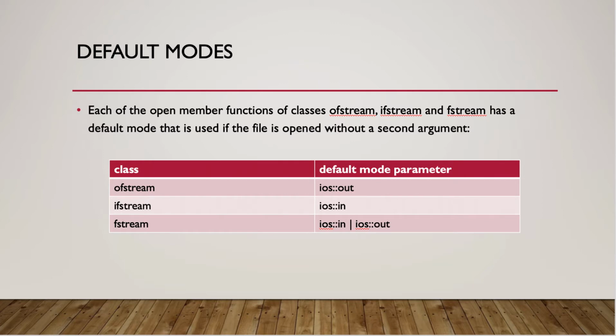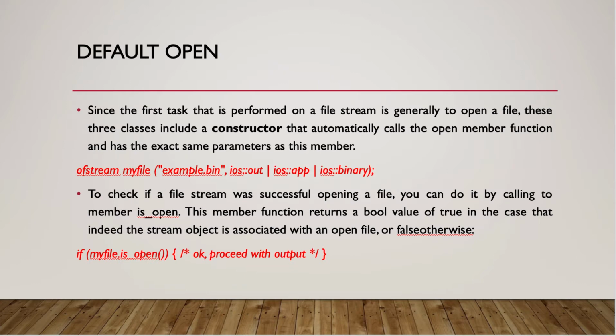Since the first task that is performed on a file stream is generally to open a file, these three classes include a constructor that automatically calls the open member function and has the exact same parameters as this member. Therefore, we could also have declared the previous object openings that we had, like the example or myfile, and conduct the same opening operation in our examples.